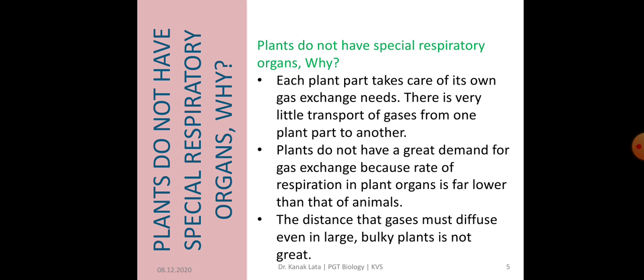Roots, stems and leaves respire at rates far lower than animals do. Third reason is that the distance that gases must diffuse even in large bulky plants is not great. Each living cell in a plant is located quite close to the surface of the plant.